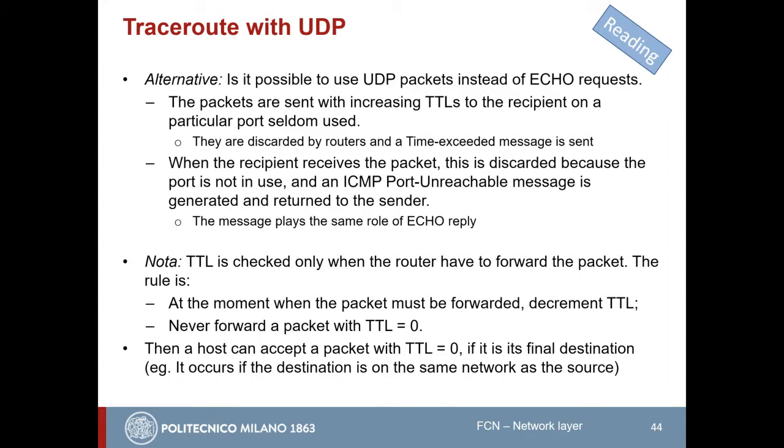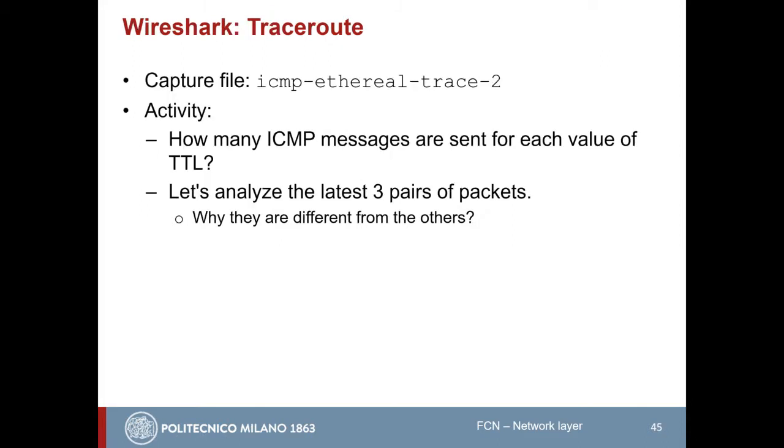Usually, what is not allowed is not all the ICMP messages, but only echo messages. So usually the error reporting messages are allowed. So it works with ICMP messages in return, but using UDP you basically overcome the case when the network is closed to echo messages. And here is another example of a Wireshark trace, where you can see a traceroute session.